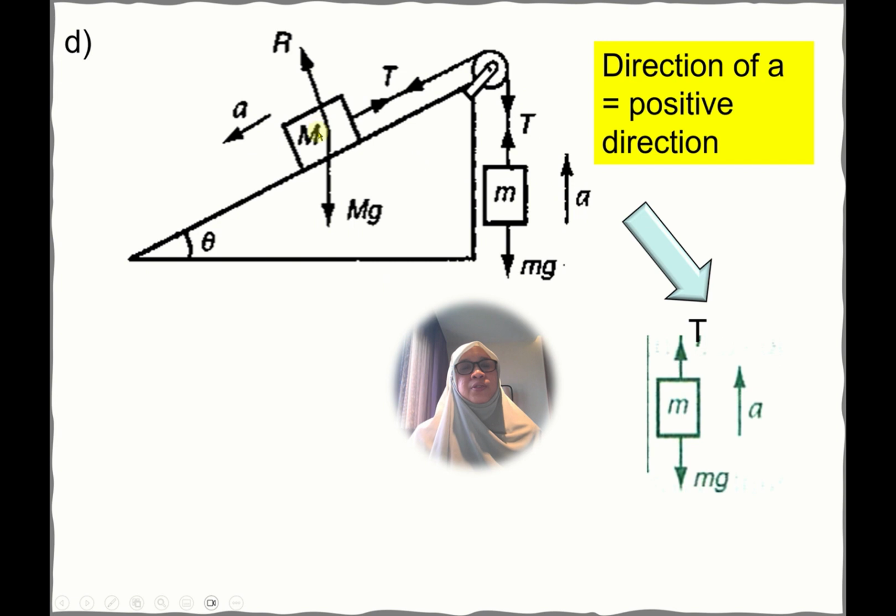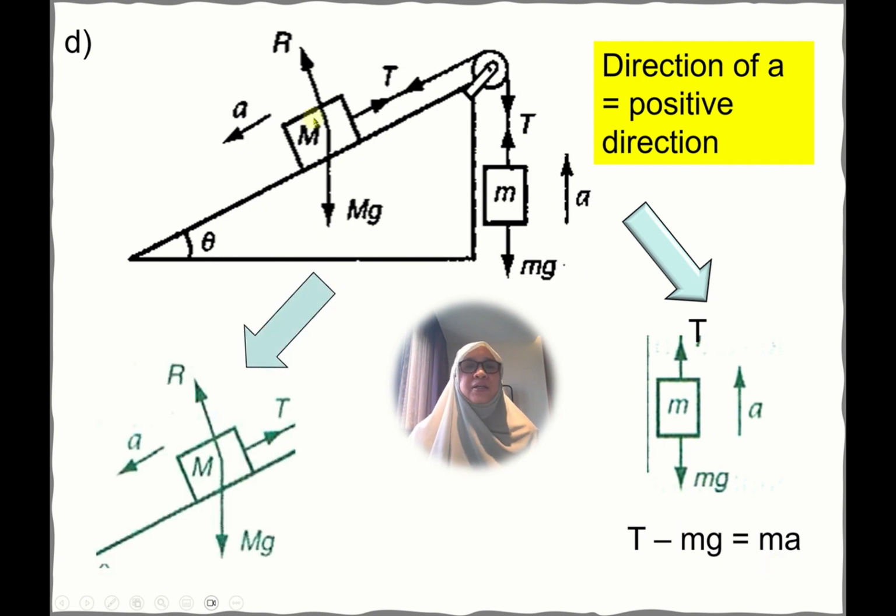And for this one, the direction of A is downward along the inclined plane. So the first one here will be T minus mg, because T is in the direction of A. So T minus mg equals MA.